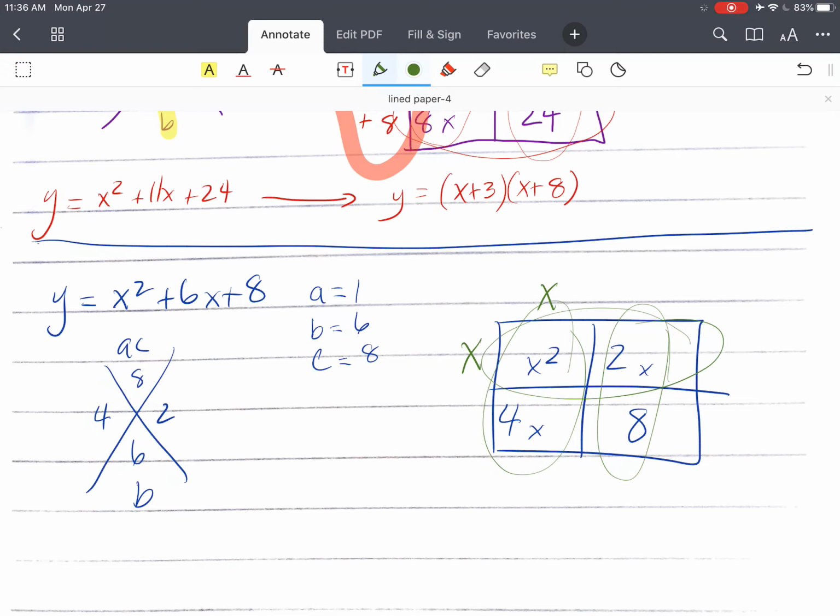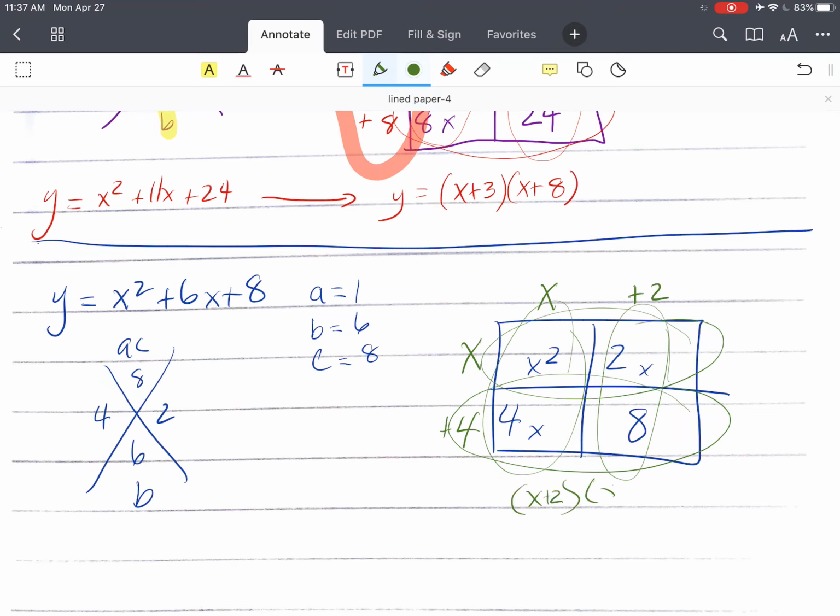X. What does the 2x and the 8 have in common? A 2, right? Because you can divide both of them by 2. And last but not least, what do the 4x and the 8 have in common? A 4. Because you can factor out a 4 from both of those.